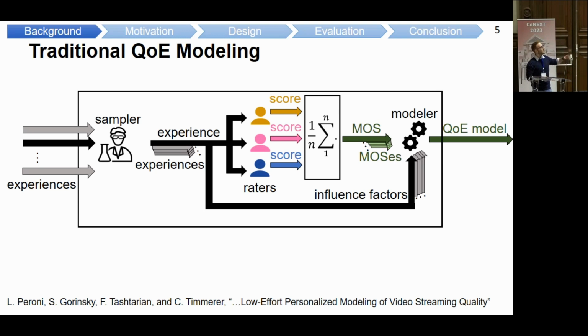Then the MOS and the influence factors all together are used by a modeler to build a so-called QoE model. The modeler is, for the majority of the time, just a regression function, and the outcome of this subjective assessment is a QoE model, which is the tool that is actually used to measure the satisfaction of the user, instead of asking them to give me feedback.